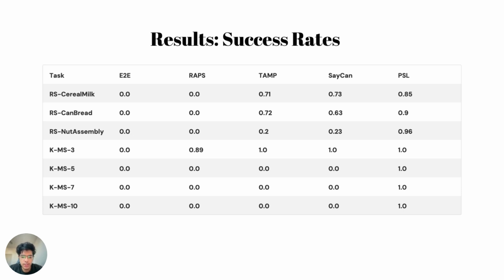E2E and RAPS struggled with long horizon tasks due to their reliance on global scene views or rigid subroutines. SECAN, which uses a fixed skill library, lacked PSL's flexibility to adapt to new scenarios. It also MOPA RL, which also combines motion planning and reinforcement learning, was less efficient since the RL agent had to decide when to call the motion planner.